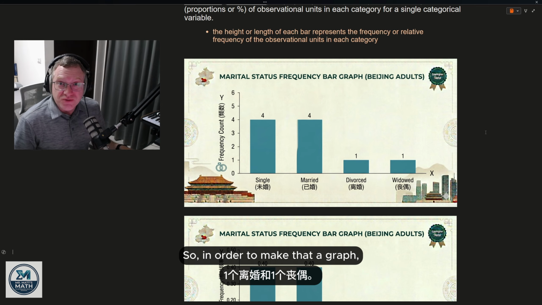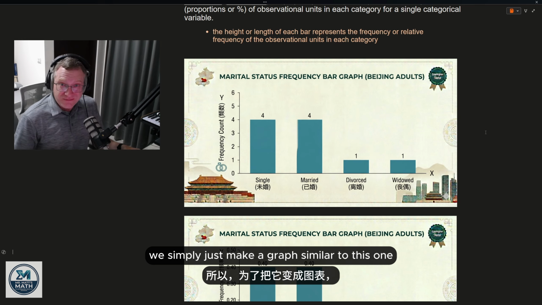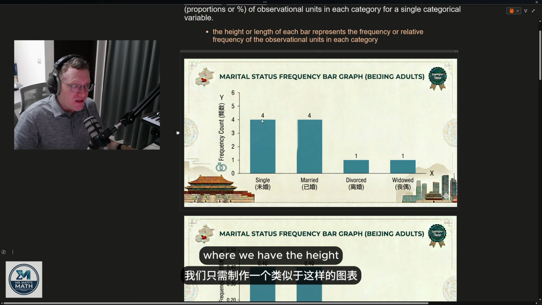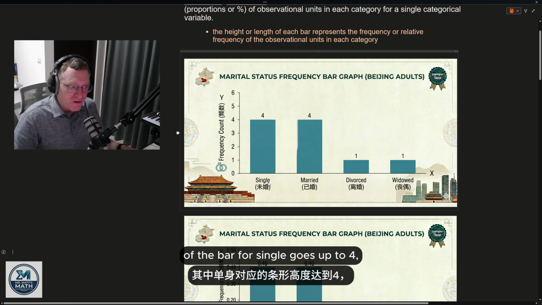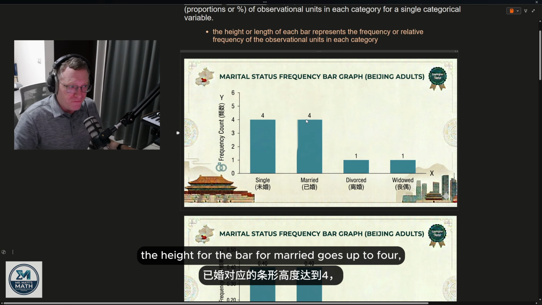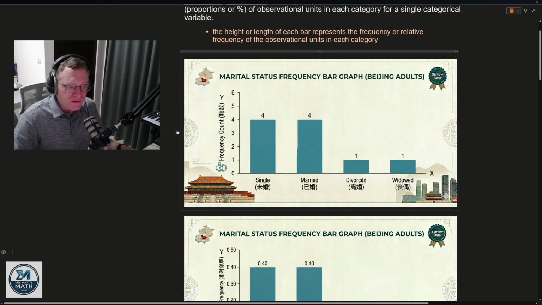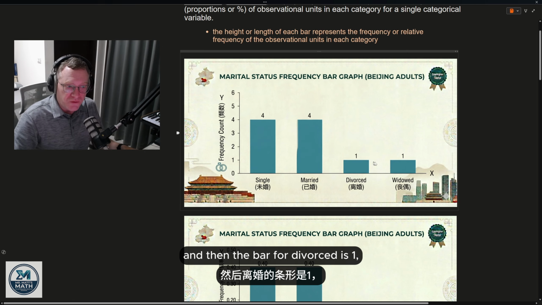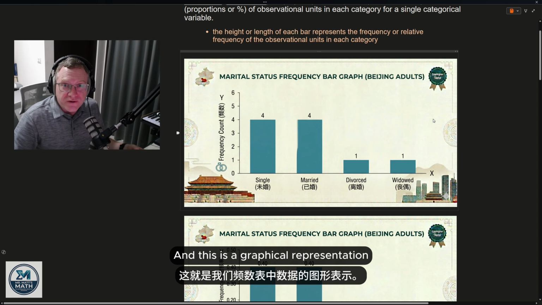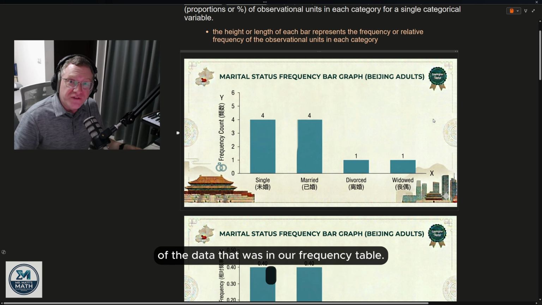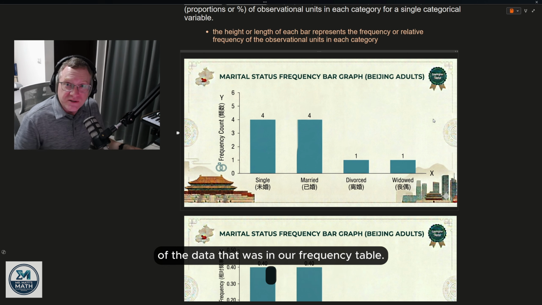So to make that a graph, we make a graph similar to this one, where the height of the bar for single goes up to 4. The height for the bar for married goes up to 4. And then the bar for divorced is 1, and the bar for widowed is 1. And this is a graphical representation of the data that was in our frequency table.